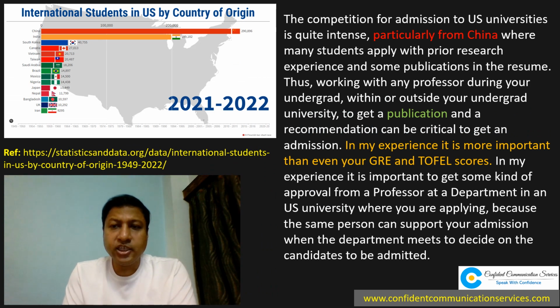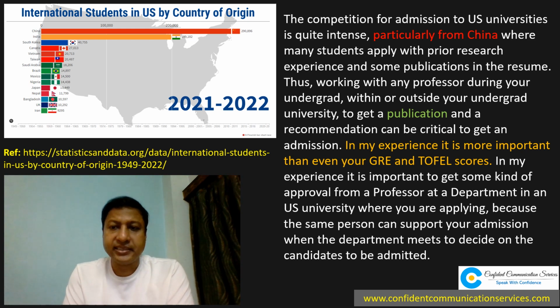The competition for admission to US universities is quite intense, particularly from China, where many students apply with prior research experience and some publications in the resume. Thus, working with any professor during your undergraduate years, within or outside your undergraduate university, to get a publication and a recommendation can be critical to get an admission.